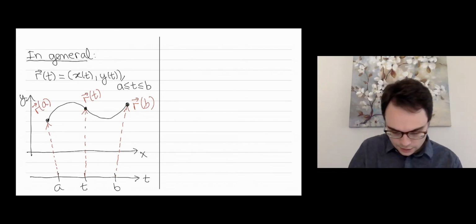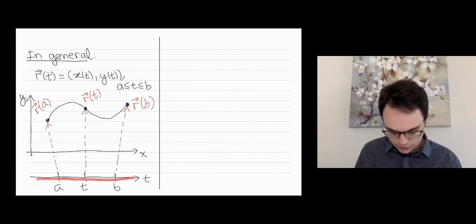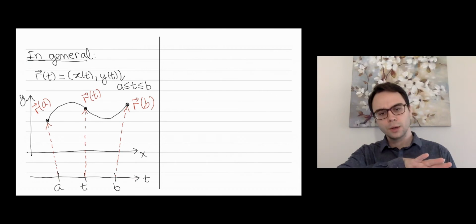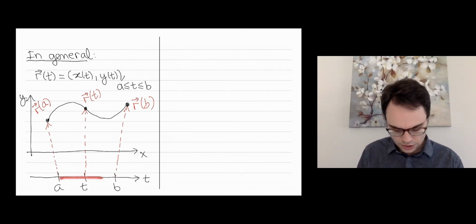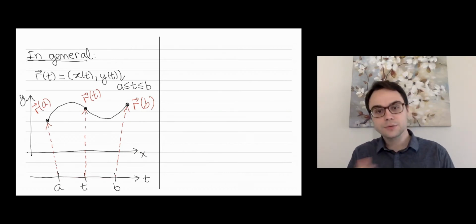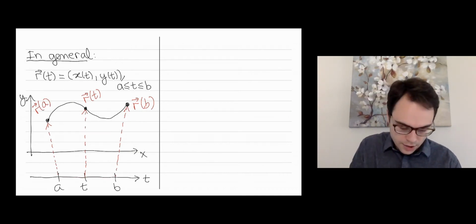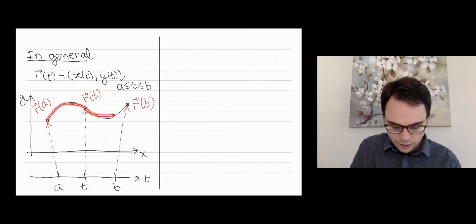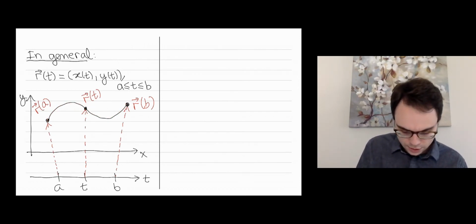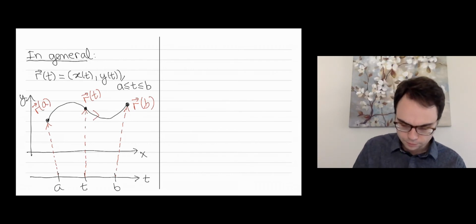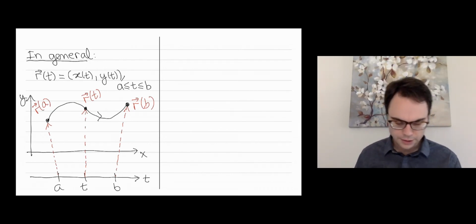Okay, and here's an interesting observation. The t line has a preferred direction. The numbers increase to the right, so t increases to the right. And as t increases from a to b, it will traverse the curve in a certain direction. In the way I drew it, it's going to traverse the curve from left to right.